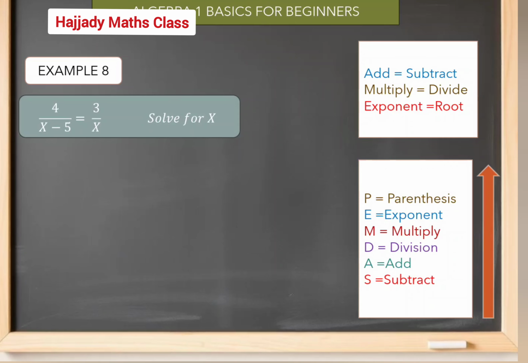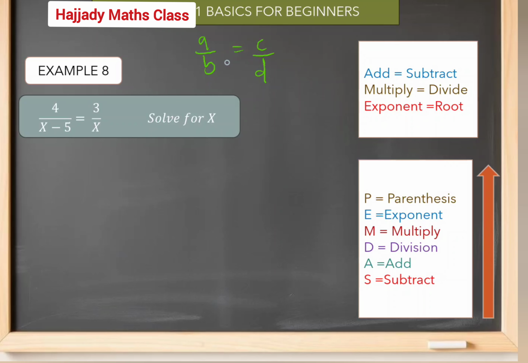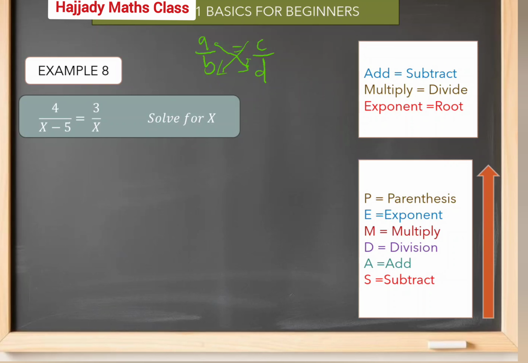And the last example, example 8. Here we have two fractions separated by an equal sign. When you have a fraction, a over b equals c over d, the rule is that if two fractions are separated by an equal sign, you cross multiply. And that is going to be the same rule we're going to use.